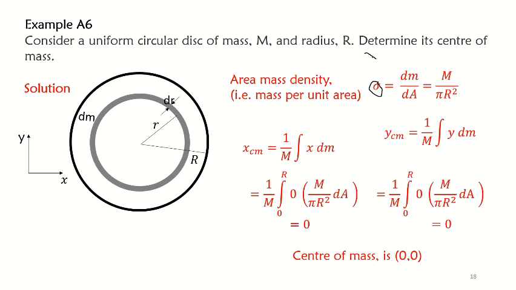Remember, linear mass density is m over l, or dm over ds, a length. But in this case, it is dm over da, area, not length. And for a disk, the area is pi r squared.